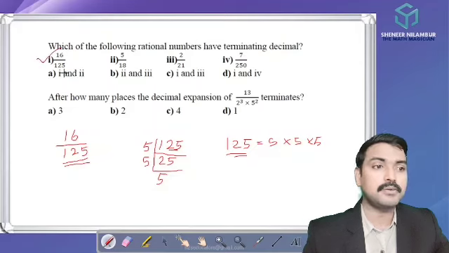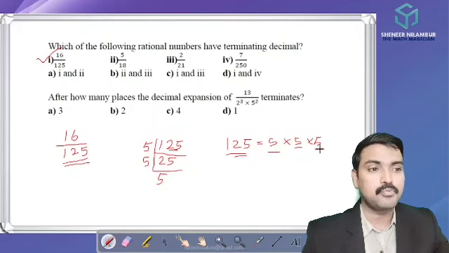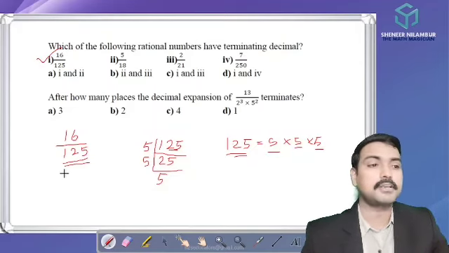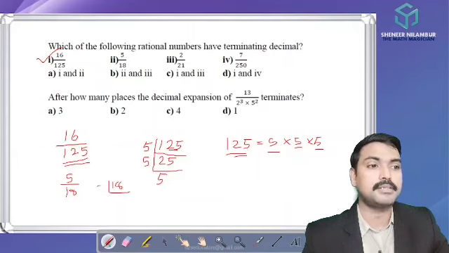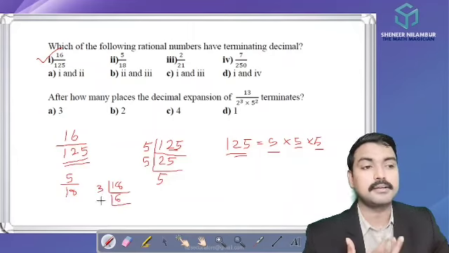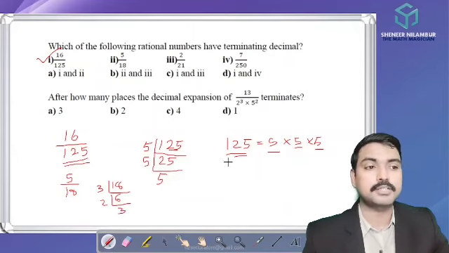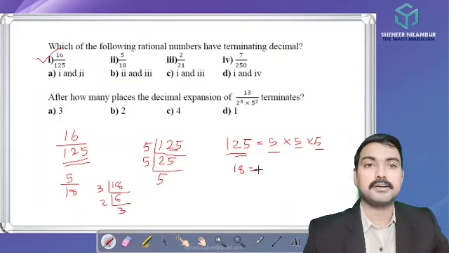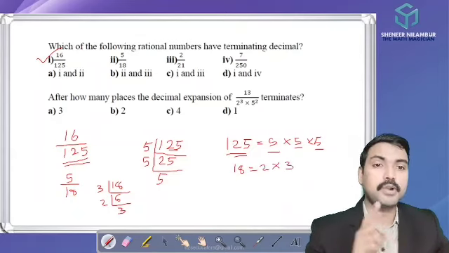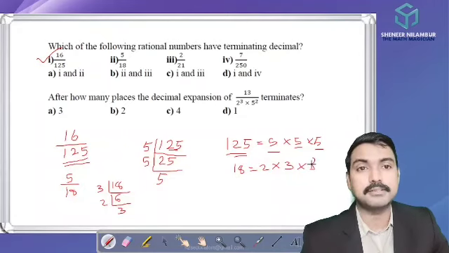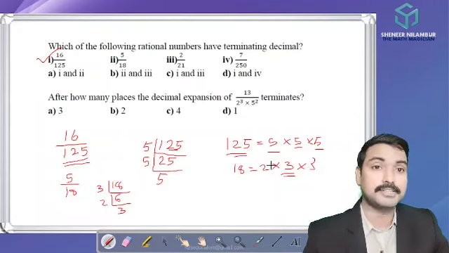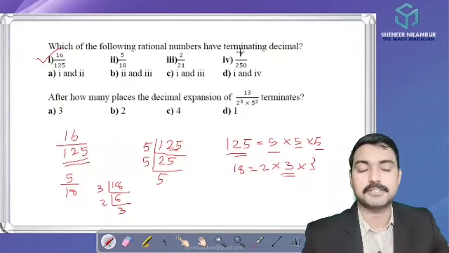The second one is 5 by 18. What is the denominator here? 18. When we factorize this 18, 3 6's are 18, and again 2 3's are 6. So here the factor 2 is there, but other than 2 and 5, one more factor came, which is 3. So it is not an example of terminating decimal expansion.